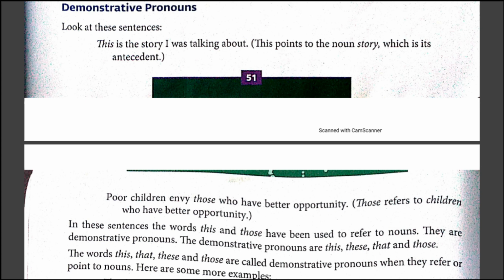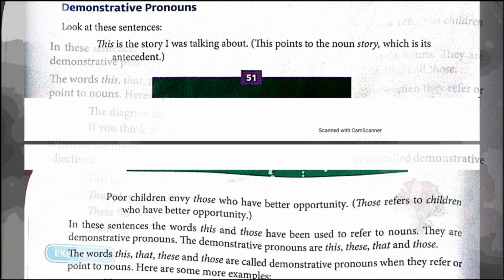In these sentences, the words this and those have been used to refer to nouns. They are demonstrative pronouns. The demonstrative pronouns are this, these, that, and those, when they refer or point to nouns. Here are some examples.